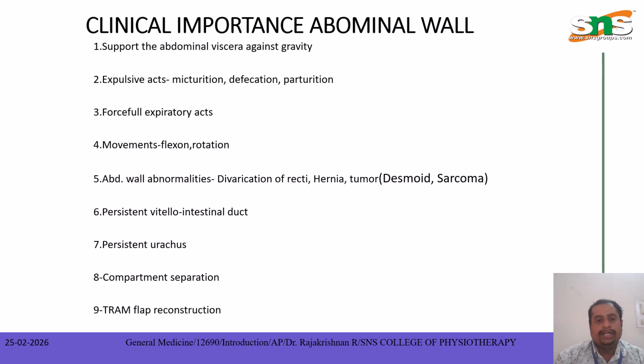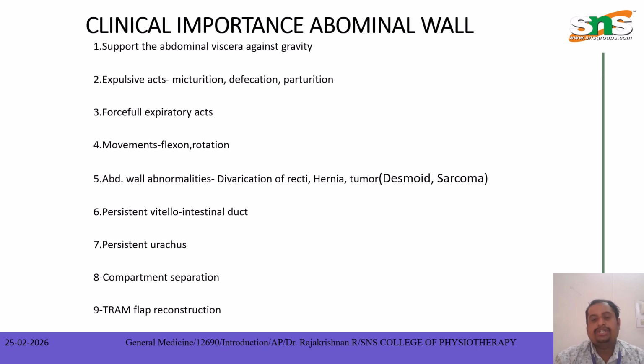Then the next one is that there are some lines which separate each and every compartment, each and every section of the body in the abdominal wall. We are going to give each and every incision, like the paramedian incision, the Pfannenstiel incision, and even for the C-section, cesarean.